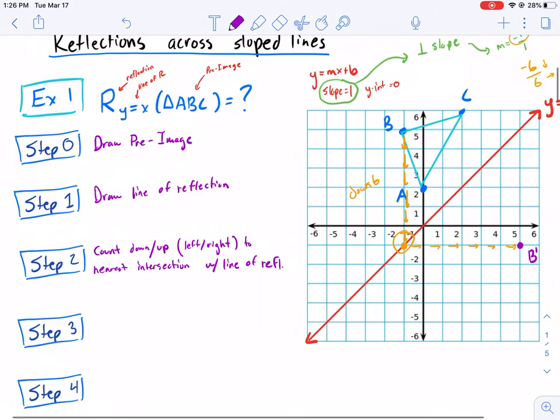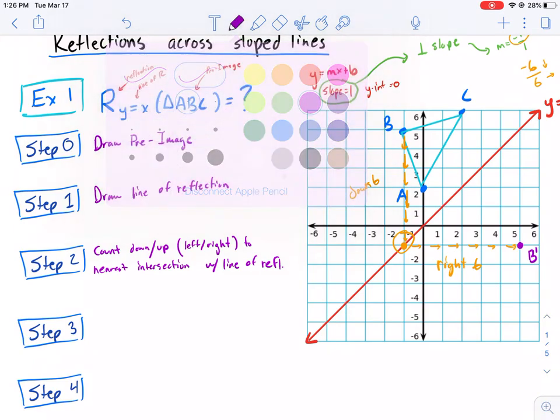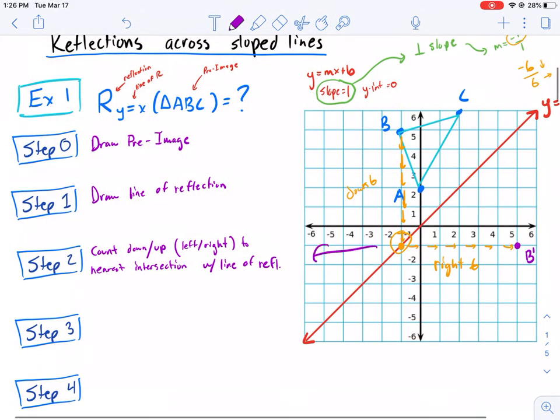What was the second thing we did? Well, we counted right 6 units. So how do I know to go right? Well, obviously I wouldn't go left after I count down, because that wouldn't be reflecting it across the line. I wouldn't go back up, and I wouldn't go down, because I need it to be at a 90-degree angle with the line.